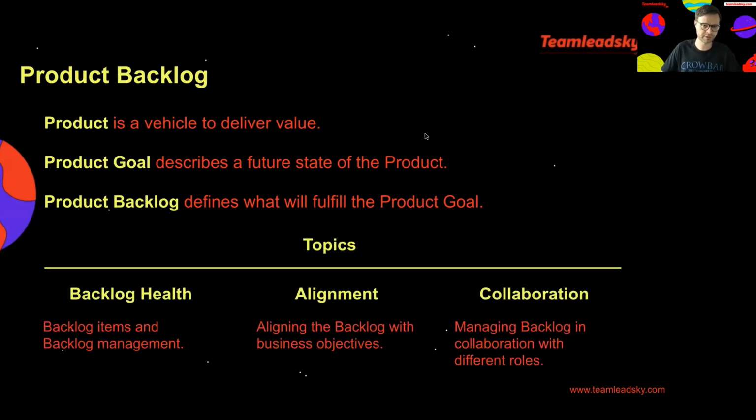Today, we're going to touch upon the topics of the product backlog health, alignment of the backlog with the overall business objectives, and efficient collaboration with different roles around the product backlog.